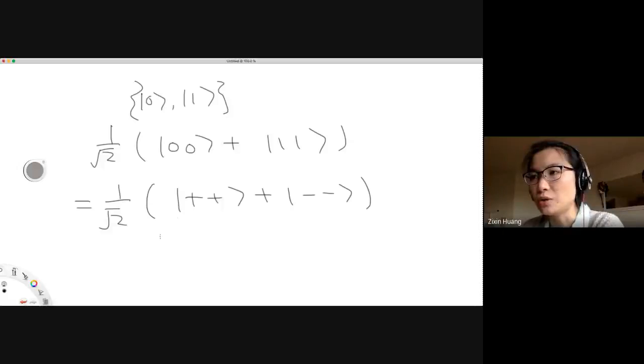Same goes for the plus state. They can choose to measure in the plus or minus basis, but they do not know in advance whether the state they'll end up in is the plus or the minus.